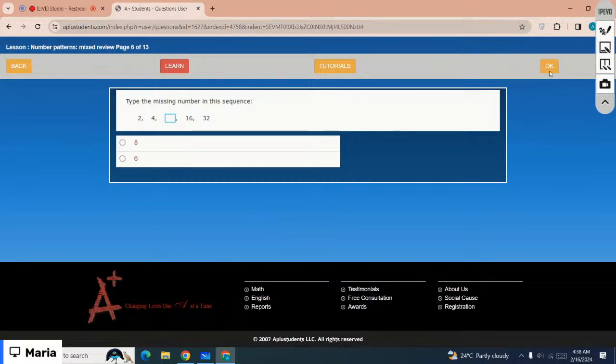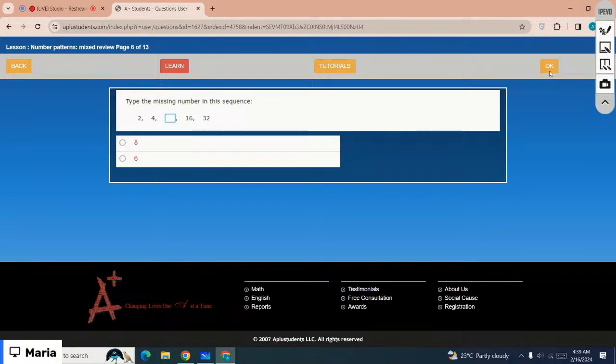Type the missing number in the sequence. So which number is missing? The correct option is 8.